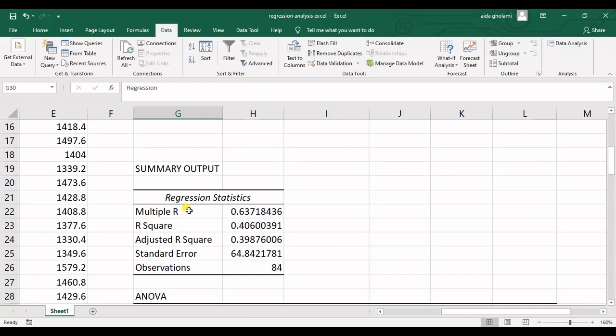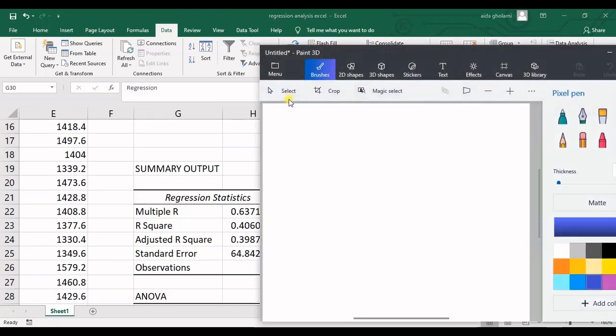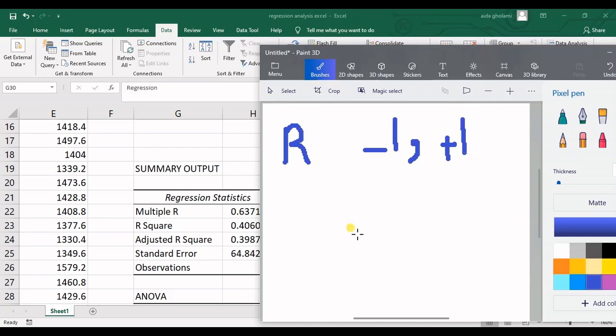The coefficient of correlation, or R, as you know, has direction and varies from minus 1 to positive 1.